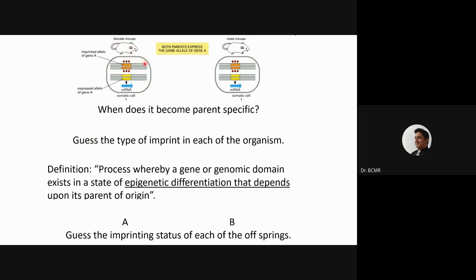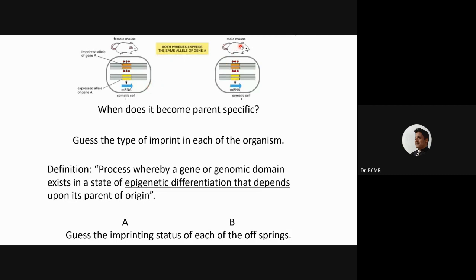All mice are. So in some cases, there are two copies of gene A, but one of it is methylated, or we can call it imprinted, and the other one is the expressed allele, giving rise to mRNA, then proteins, and then there will be some phenotype.